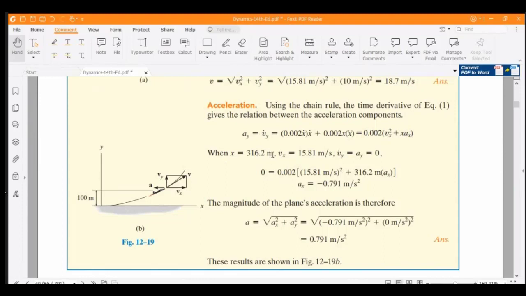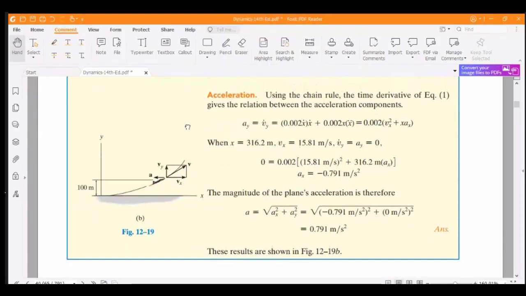Where x equals 316.2 meters and velocity will be 15.8 meters per second. So vy dot equals ay equals 0, when they have put these values in this equation. So ay is 0, calculated previously.